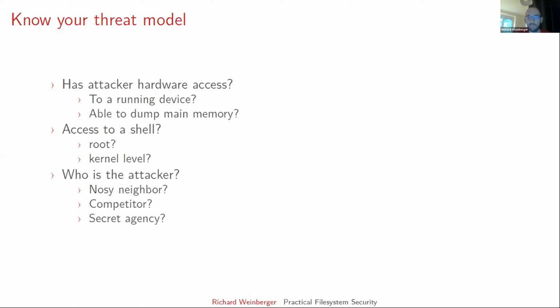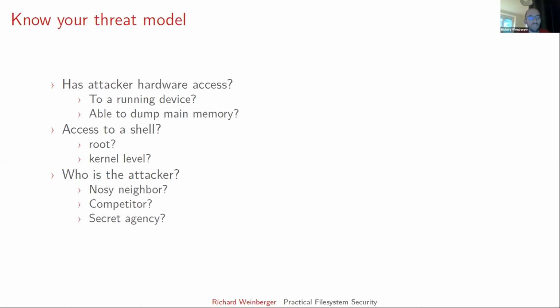And if you know that, then you can think about what mechanism is the right thing for you and how much you are able to invest. So the first question is, has the attacker access to the hardware? And if so, to a running device, is he able to dump memory? Depending on the answers, you can select different types of mechanism to protect yourself.